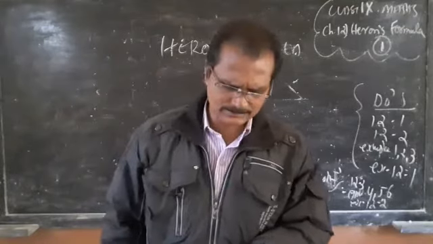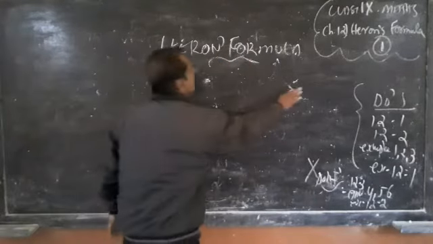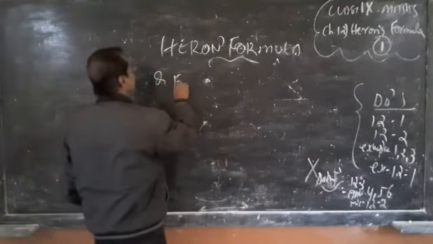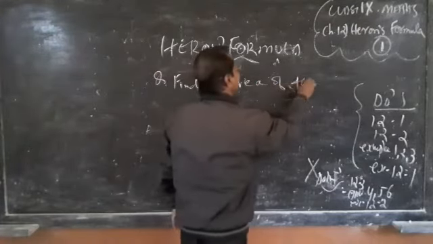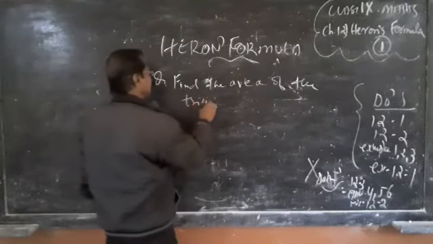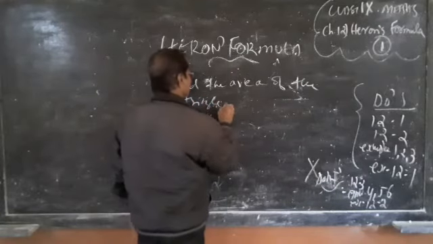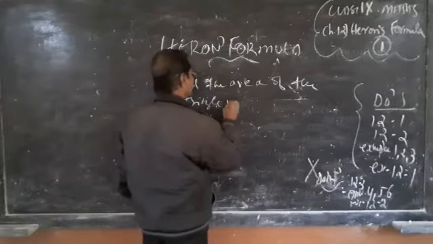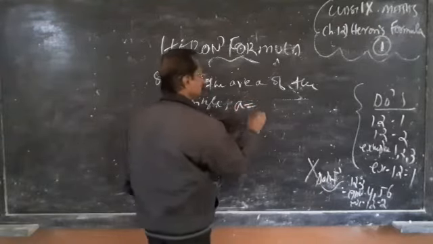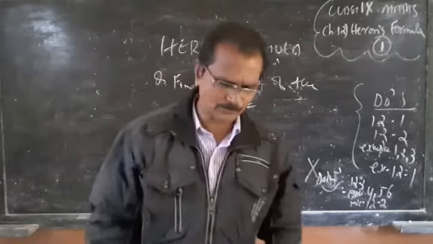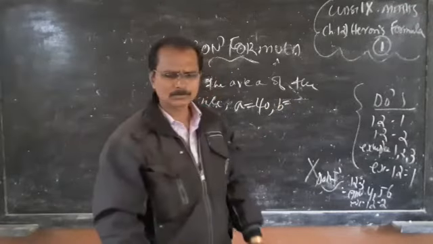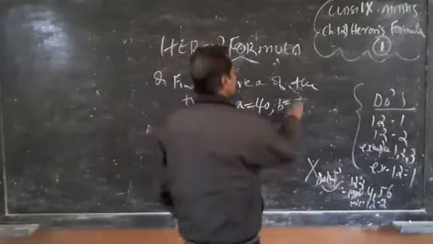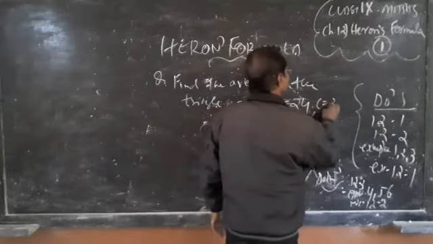Okay. Now we will take one question. Find the area of the triangle, where the sides are a equal to 40 meters, b equal to 24 meters and c equal to 32 meters.